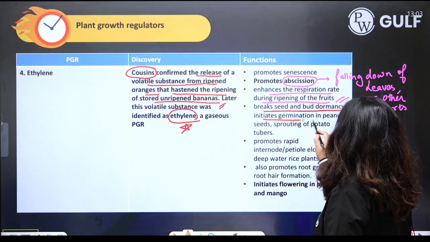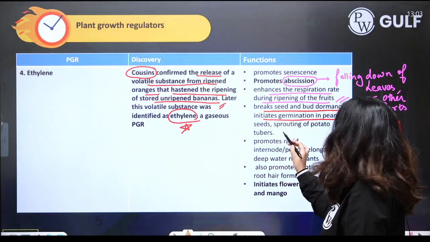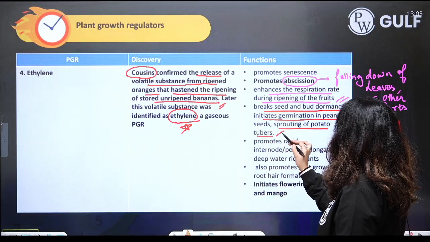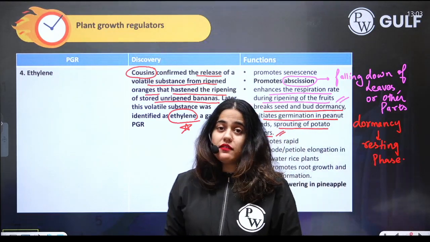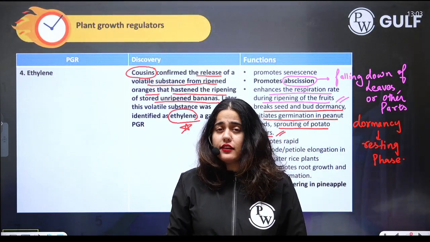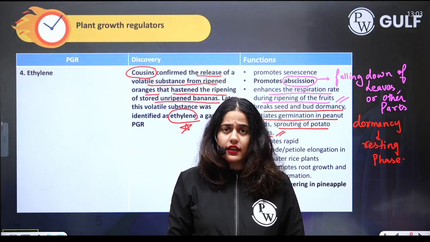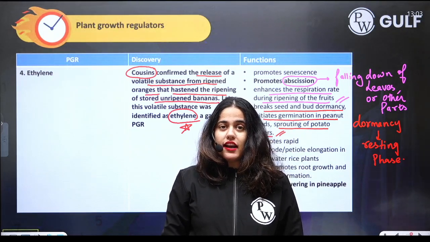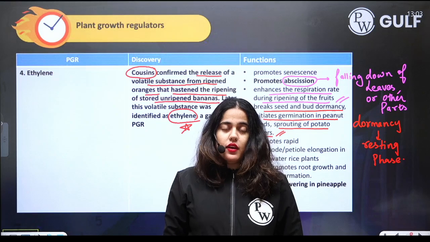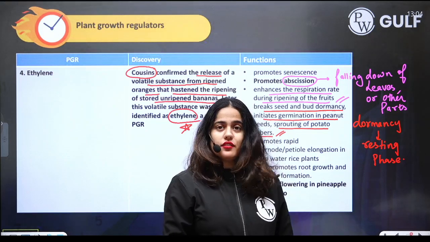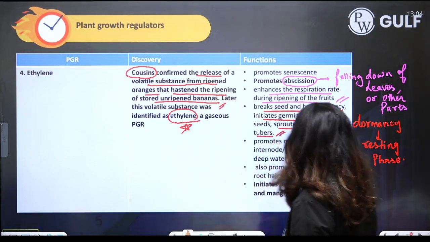It initiates germination in peanut seed and also sprouting of potato tubers. Many times you may have observed in your kitchen that the potato starts sprouting, right? You can see the white-green structure over the potato, and that can be because of a high concentration of ethylene.